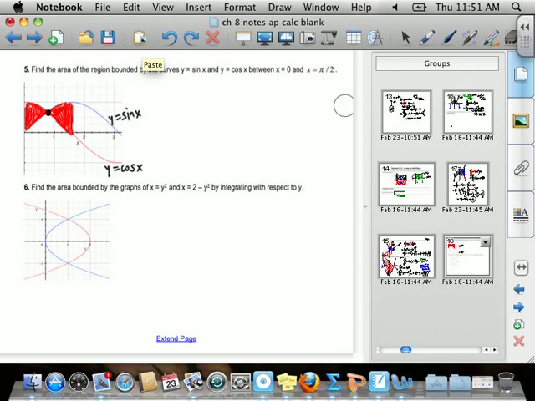All right, so we're going to go from 0 to pi over 4, and we're going to integrate the top, cosine of x minus sine of x, dx. And then we're going to go from pi over 4 to pi over 2, and we're going to do that top, which was sine of x, minus cosine of x.